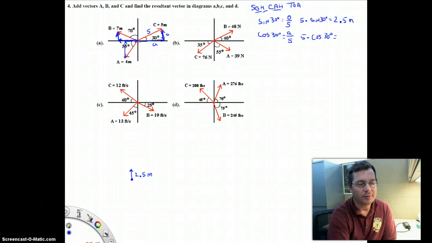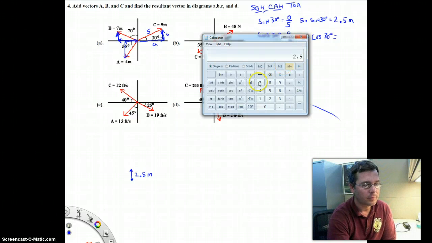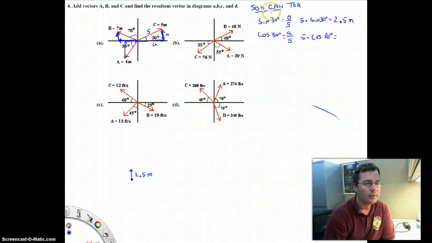And again, we will use our calculator. So 30, and we're in degrees mode, cosine times 5 is about 4.3 meters.